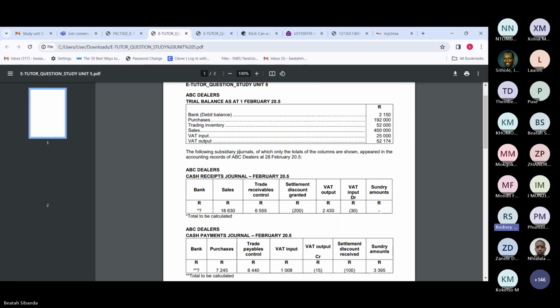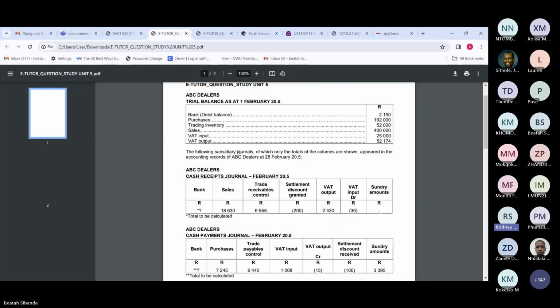Shouldn't that also be in your sales journal? It is excluding VAT. Sorry, you are getting cut. In your cash receipt journal, 18,630 for sales, né? The VAT output, which is the amount that you need to pay to SARS, is 2430. Am I right? Correct. Yes.